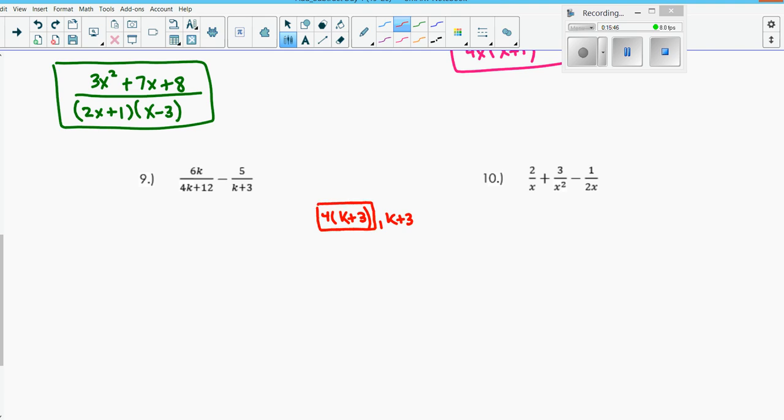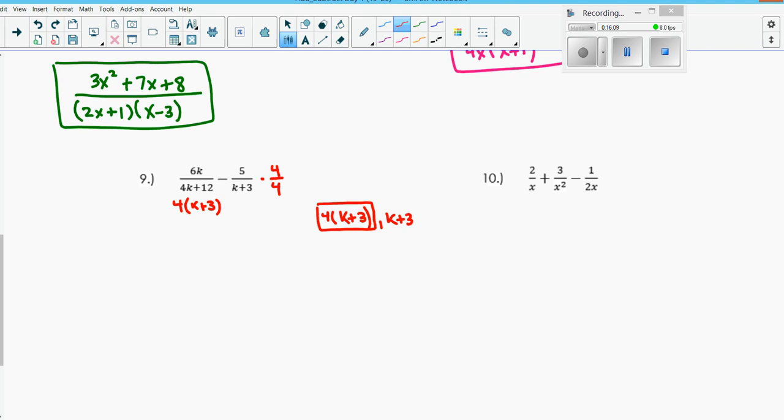The nice part about that is this denominator over here, so I'm actually just going to write it underneath it, already looks like 4 times k plus 3. So I don't need to do anything to this first fraction, but this fraction over here, I need to multiply by 4 over 4, and now it looks exactly like this.